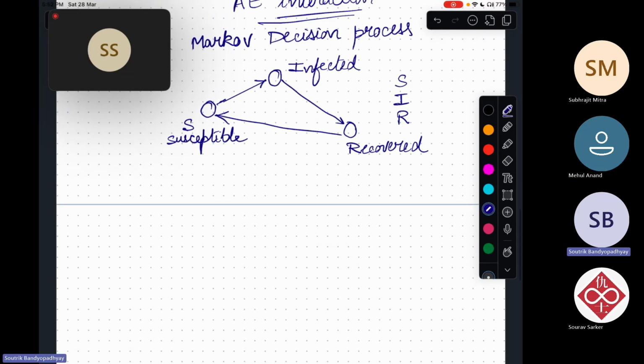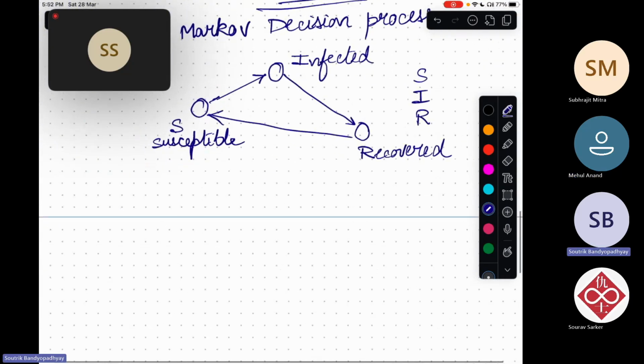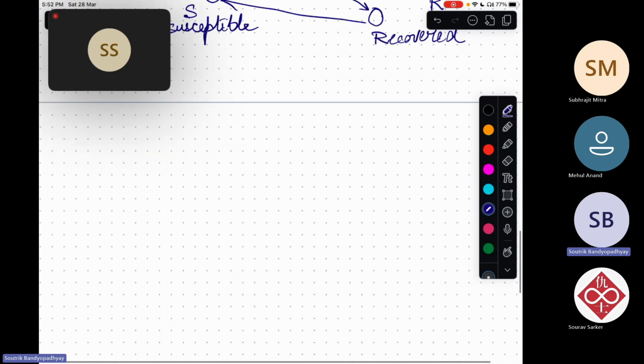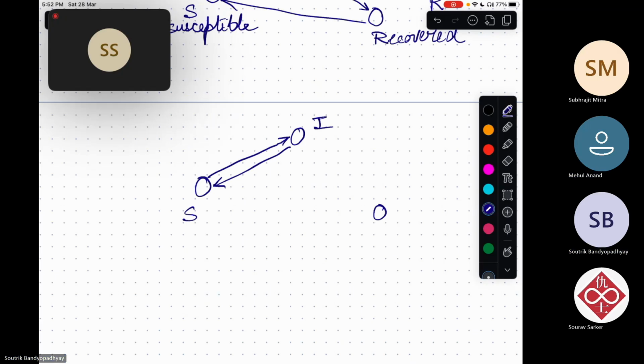So suppose you have this sort of model where I have three states, which is S, I, and R, and there is possibility of jumping between the states, right? So let's say this is the model that we have.